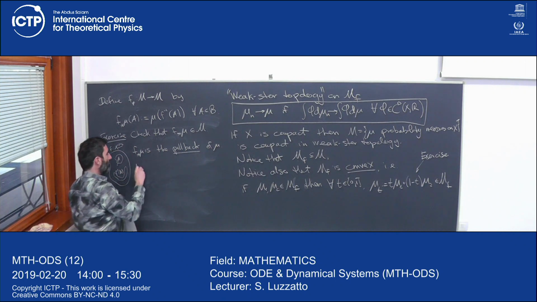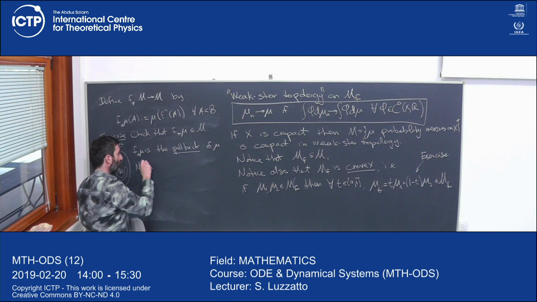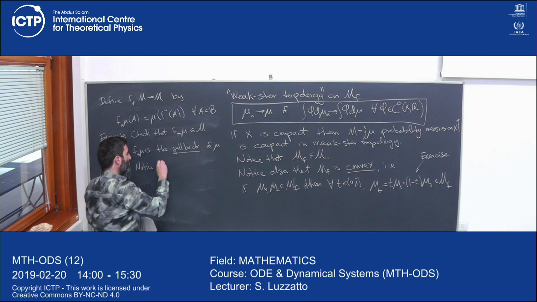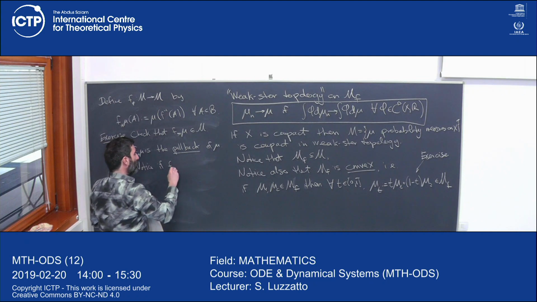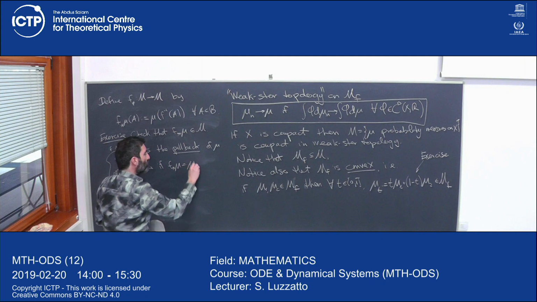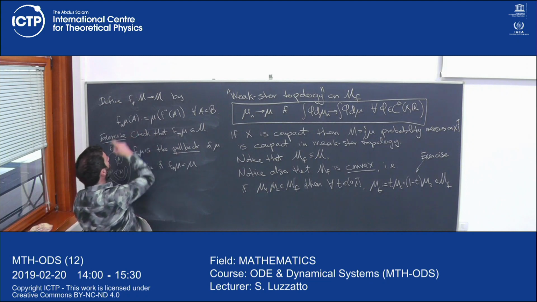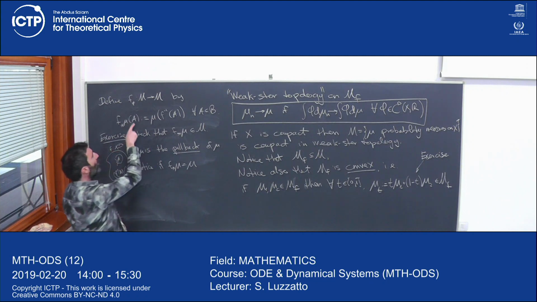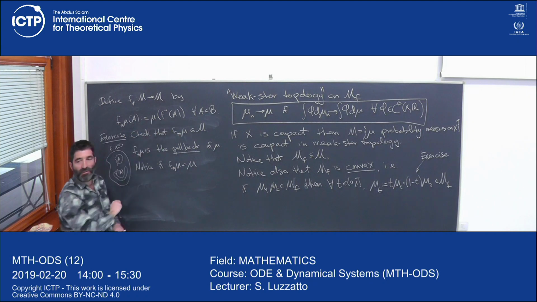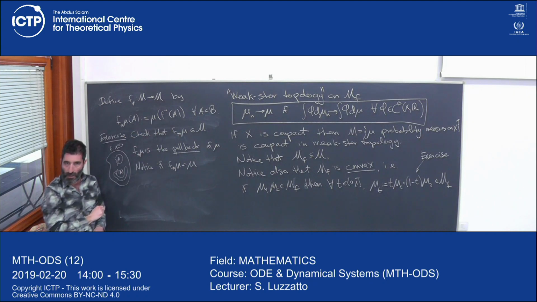And notice what happens if f star of mu equals mu, then it's invariant, right? Because by definition, if f star of mu equals mu, then this implies that mu of A is equal to mu of f minus 1 of A, which is the definition of invariance, okay?